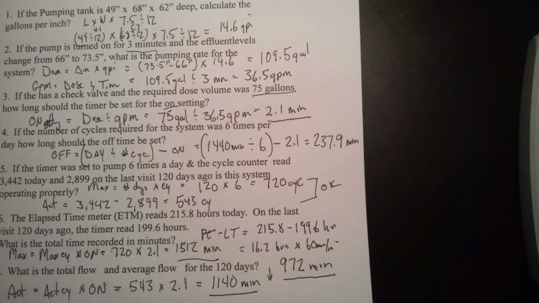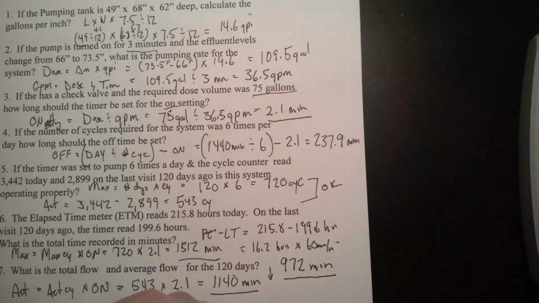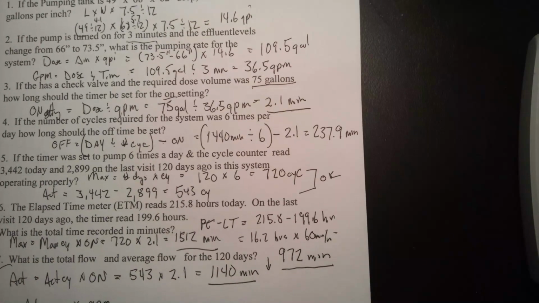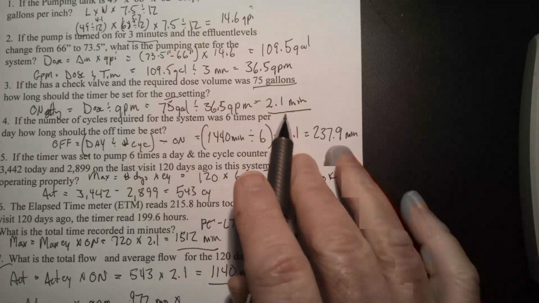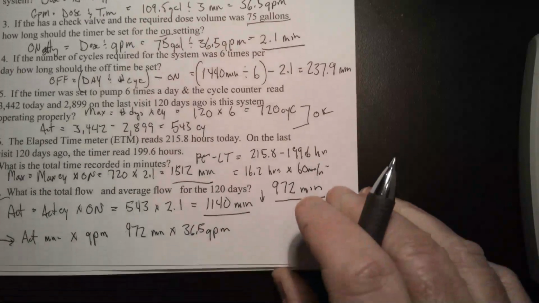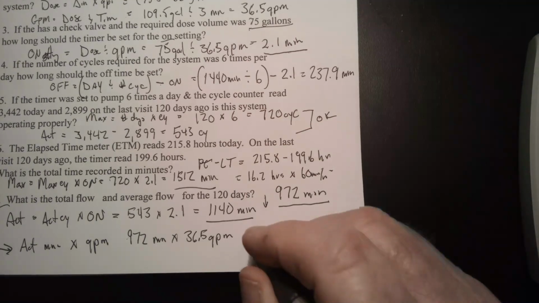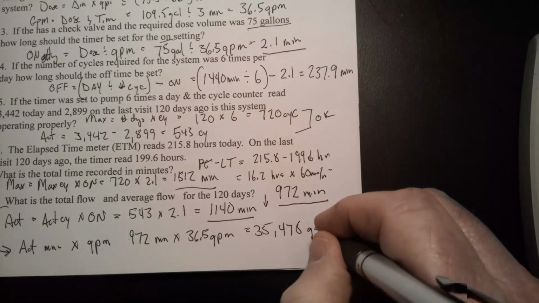What is the total flow? The total flow is the actual minutes times the gallons per minute. So that would be 972 minutes times 36.5 gallons per minute. So that was 972 times 36.5, and that equals 35,478 gallons.